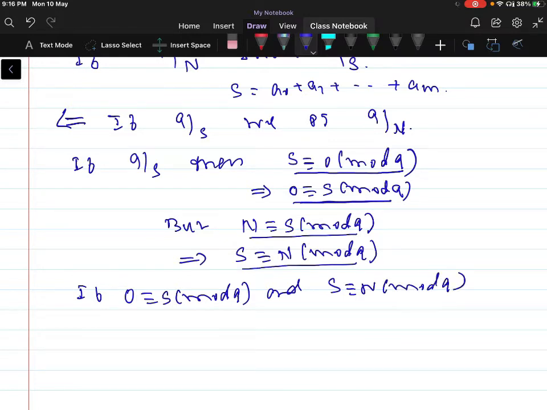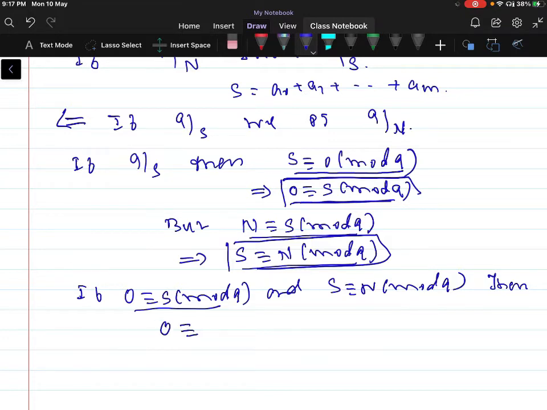So you can observe from the relation 0 is congruent to s modulo 9, which is written here, and s is congruent to n modulo 9. So then by using transitivity of the congruences, we can write 0 is congruent to n modulo 9.